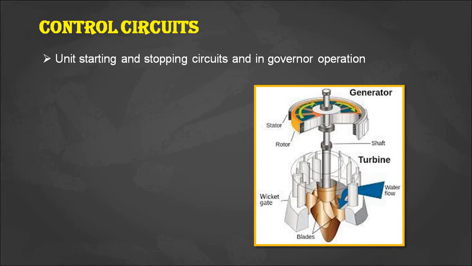In an emergency condition, we need to close the wicket gates. Whether there is an AC supply available or not, we have to close the wicket gates. That command is given by the governor. So that governor uses this 220 volts DC supply as a backup supply, and it closes the wicket gates whenever there is an emergency.